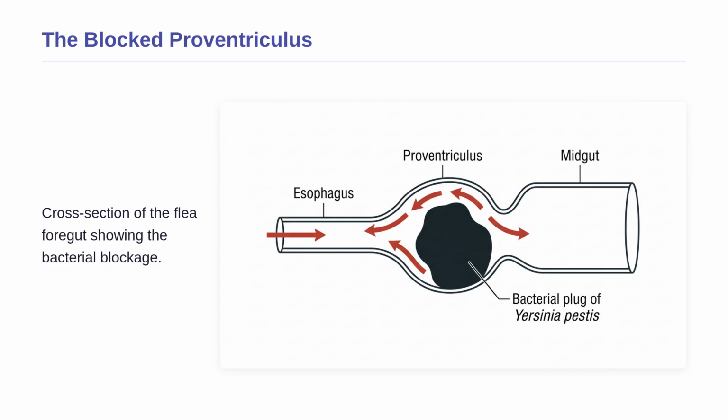This is the bacterial plug of Yersinia pestis. Notice the arrows indicating the flow of blood. The blood enters, hits this solid biofilm wall, and is forced backward. This visual perfectly illustrates why the starving flea regurgitates infected blood back into the host, making it such a devastatingly effective transmitter of the plague.